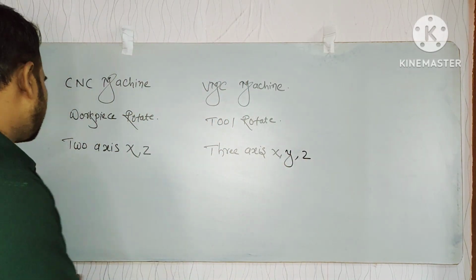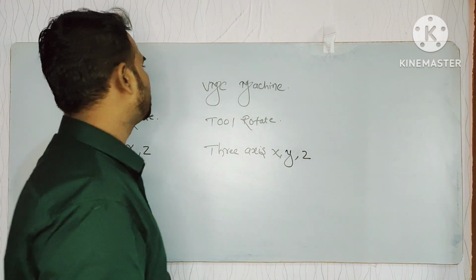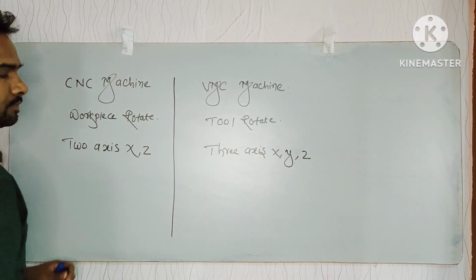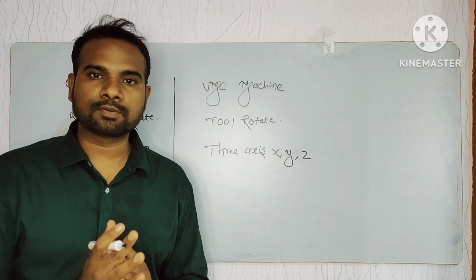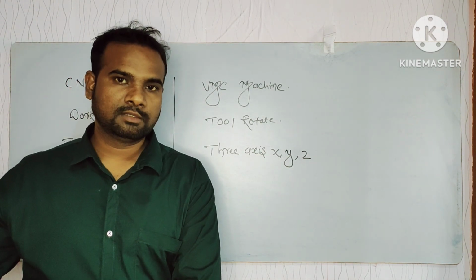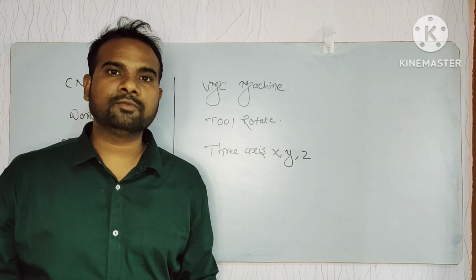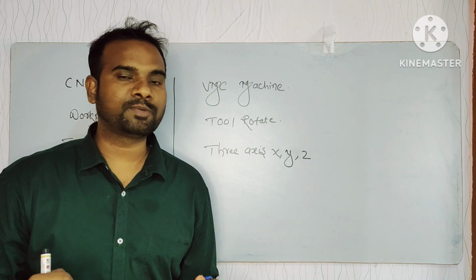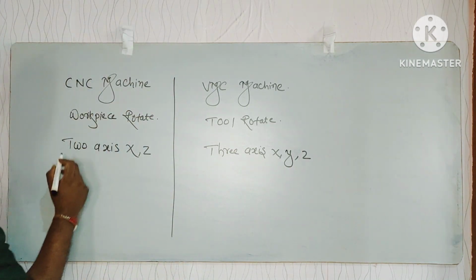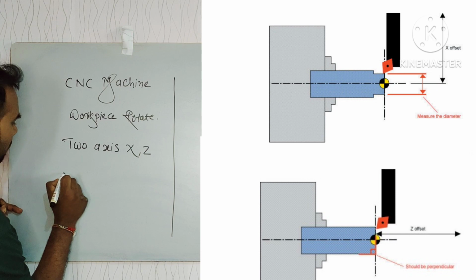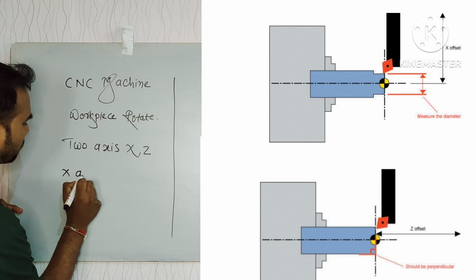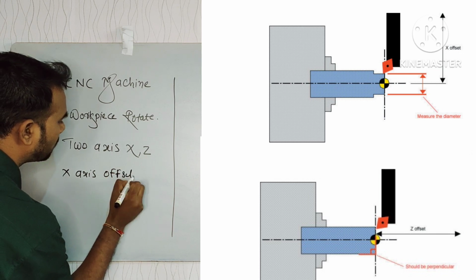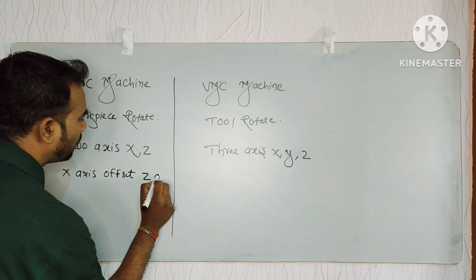Okay guys, so the third difference between these two machines is, whenever we take the tool offset in CNC machine, we have to take two offsets. Which two offsets? The first offset is X axis offset and Z offset.